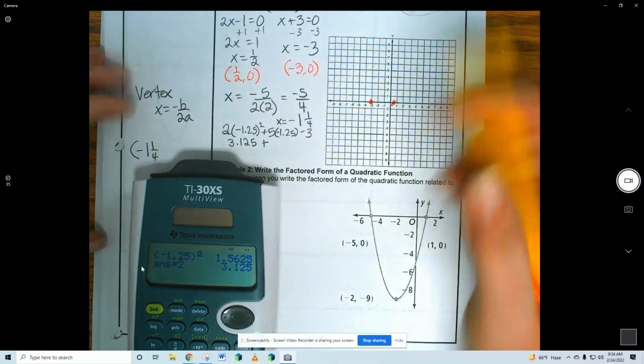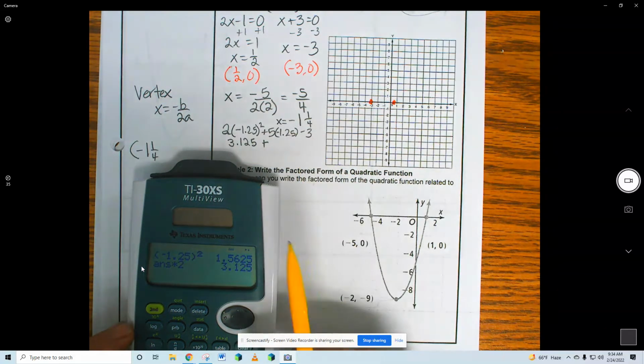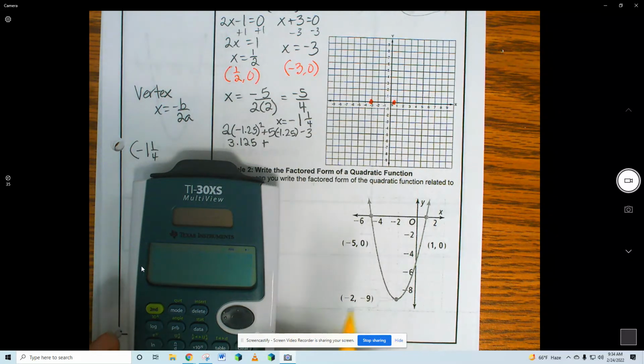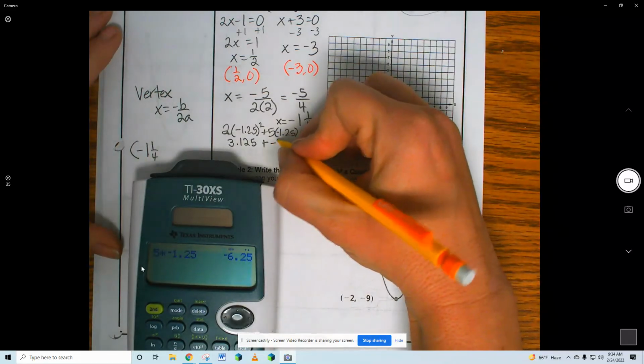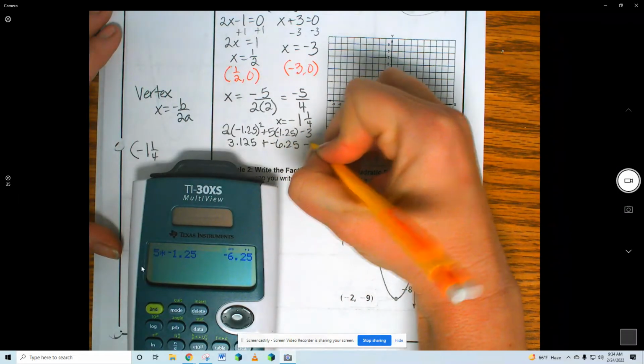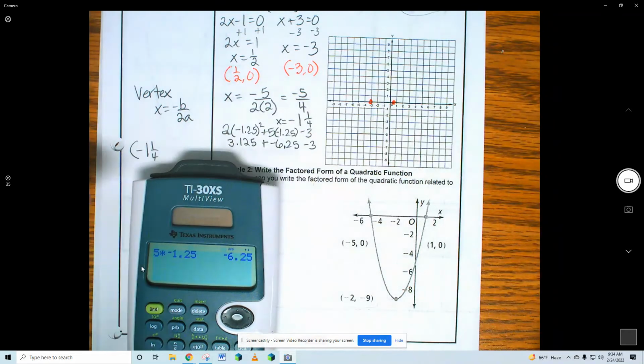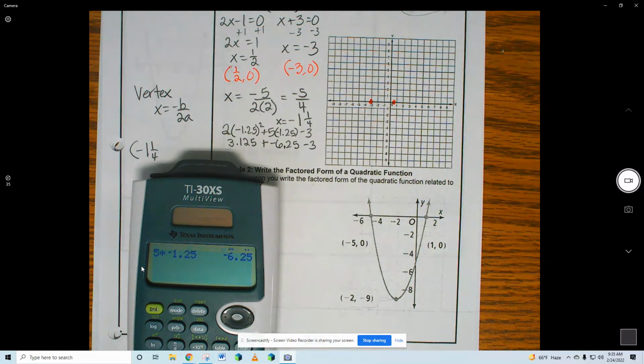Plus 5 times negative 1.25, negative 6.25, minus 3. So calculator work matters. It matters that you know how to do it, that you enter the squared in first in the calculator.